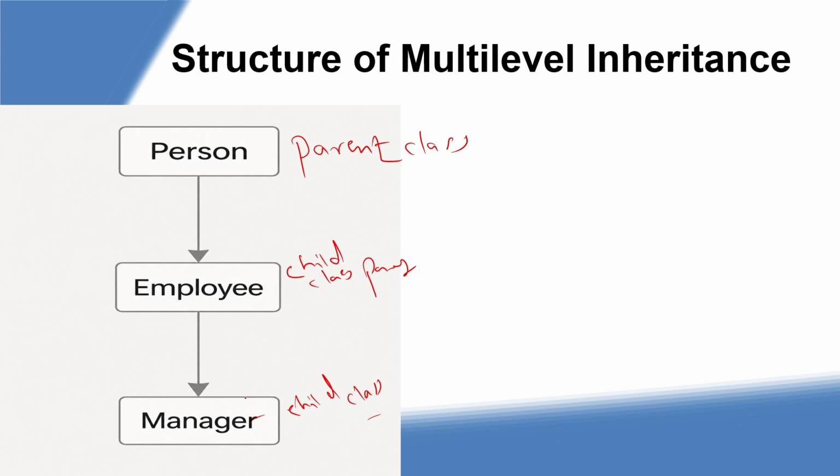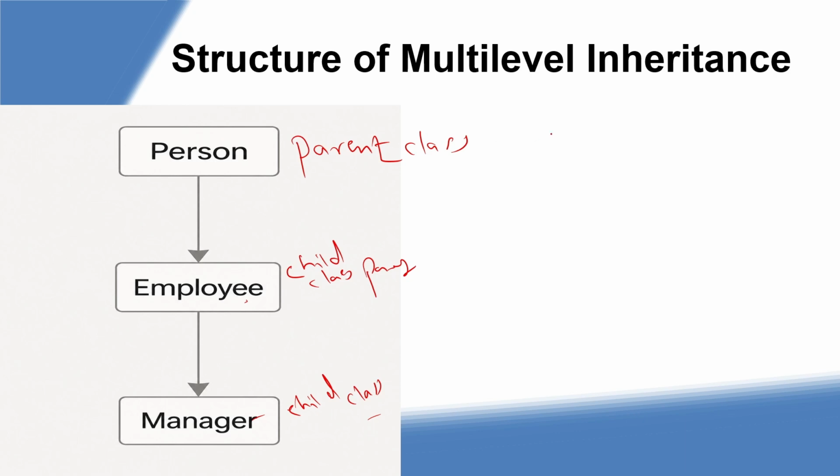So the Manager can access the accessible members of Employee and accessible members of Person, both.